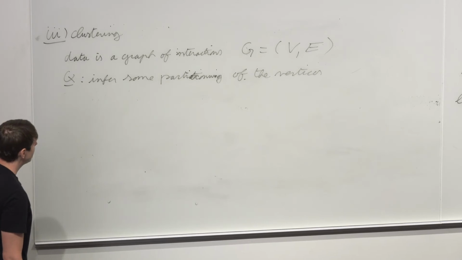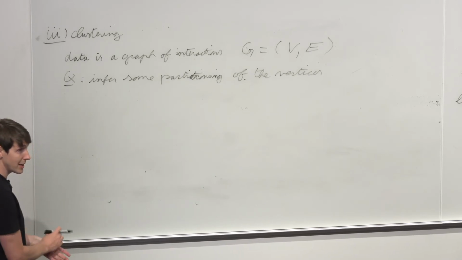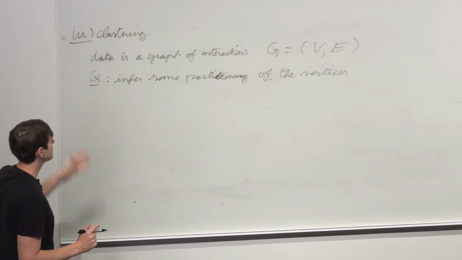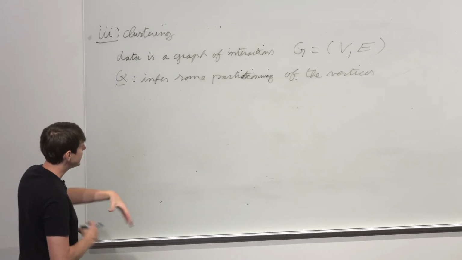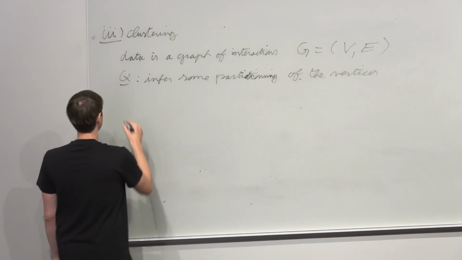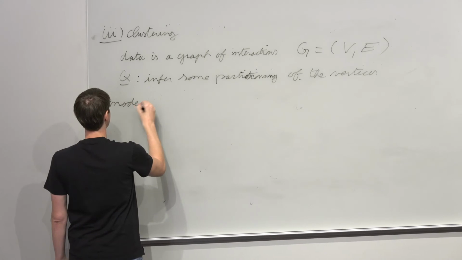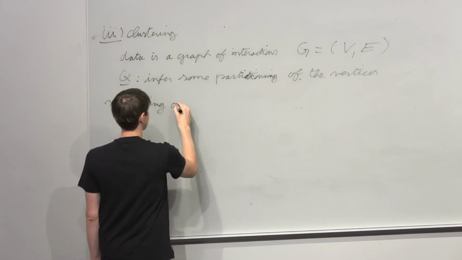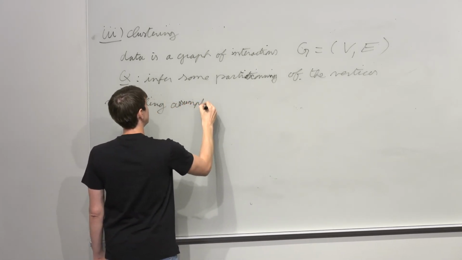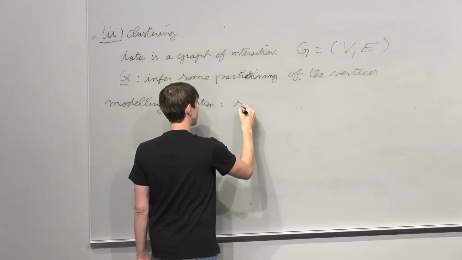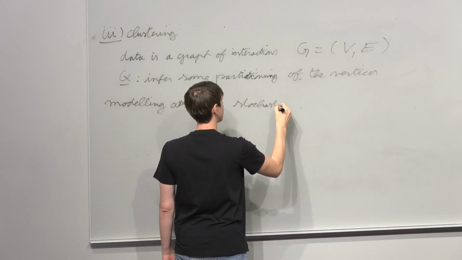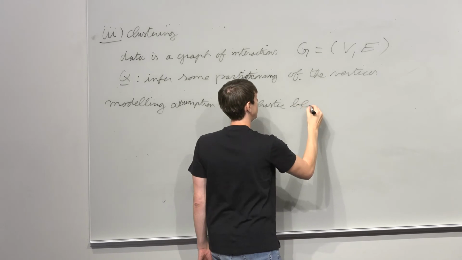All right. So again, what I'm going to do is make a model, maybe the simplest model for a hidden partitioning of the vertices. So, modeling assumption. This is what's called the stochastic block model, and it goes like this.